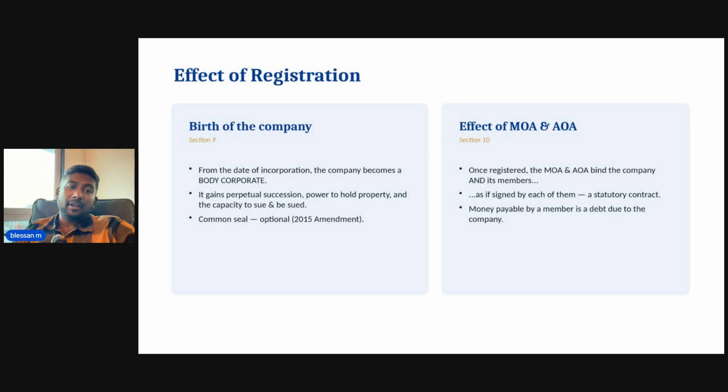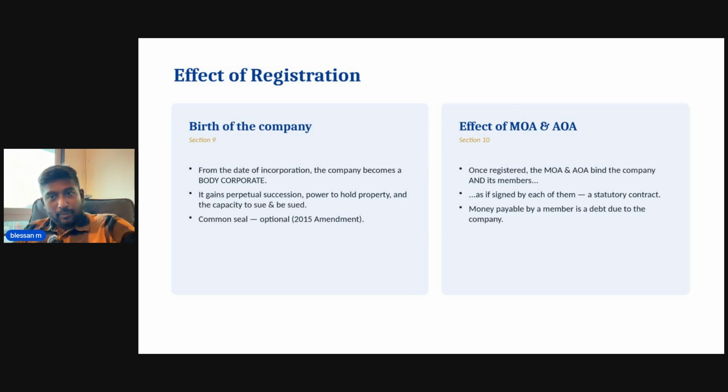It can sue and be sued because it is a legal person, and it can hold property. There is a common seal, which is optional these days. If the company wants to do away with the common seal, then they can get documents signed by a company secretary or someone who is authorized by the board.